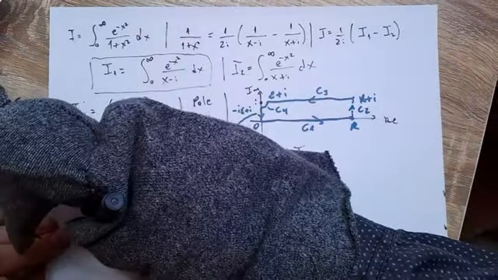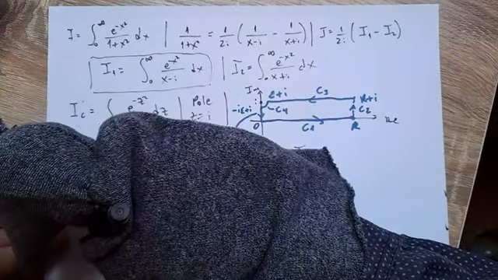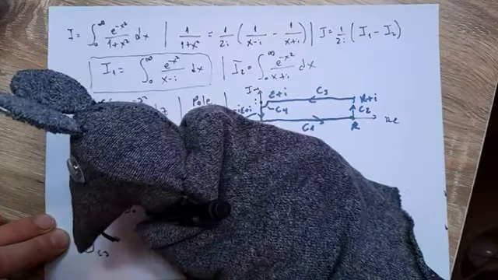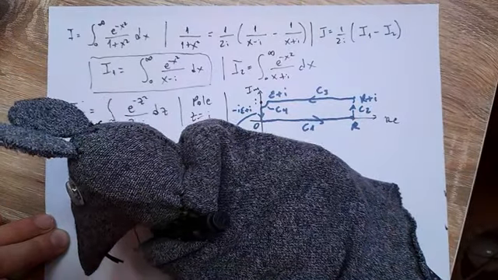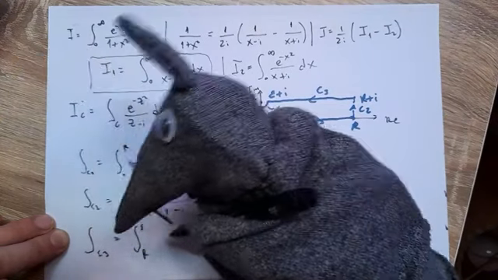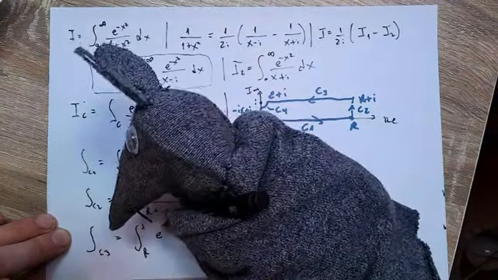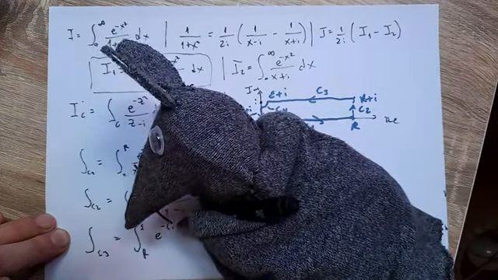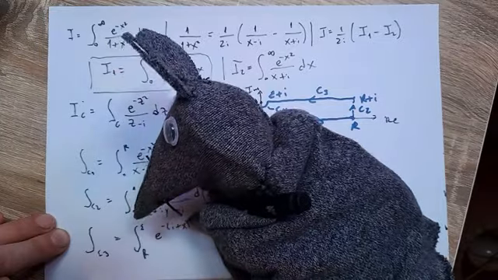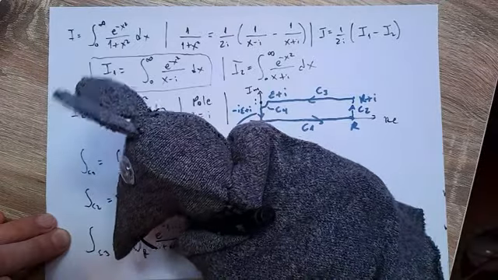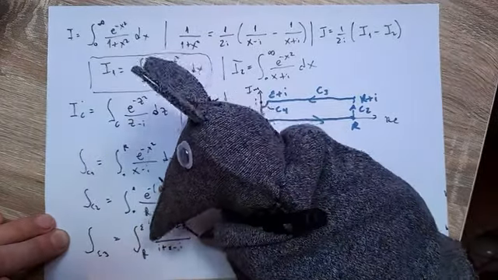The integral on C3 will be the integral on this path here. With the real parameter, it will be the integral from R to epsilon of e to the minus (i plus x) squared over i plus x minus i dx.